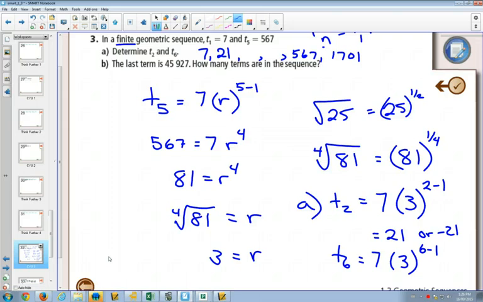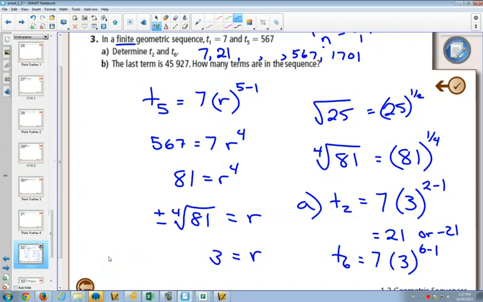Now the reason for that is when we take the 4th root, just like when we take the square root of both sides, we made a little mistake here in that we didn't write plus or minus. Do you remember doing that when you did r squared equals 9? When you take the square root of both sides, you had to add the plus or minus, because negative 3 times negative 3 is positive 9, and positive 3 times positive 3 is positive 9.